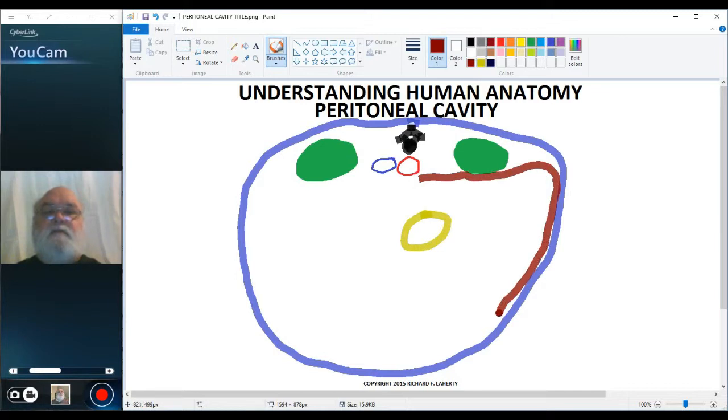So we've got the peritoneum coming like so. And we've got half the ventral mesentery, visceral peritoneum, and some dorsal mesentery.